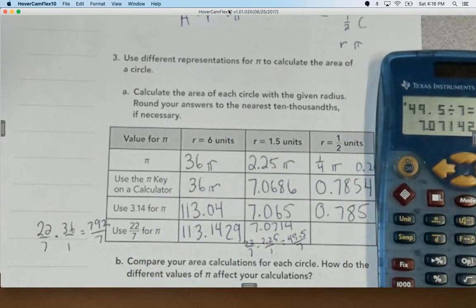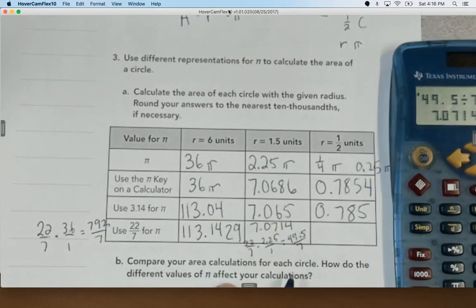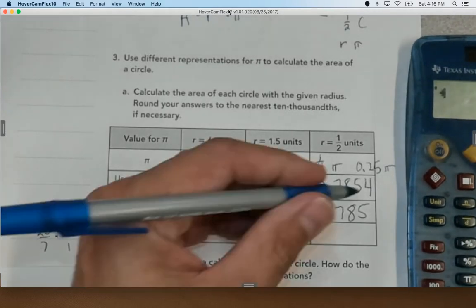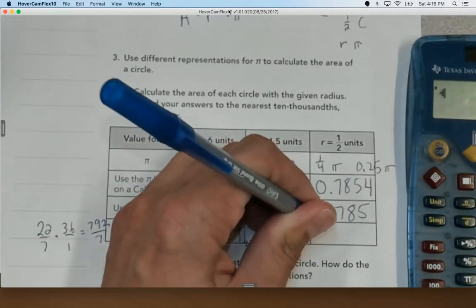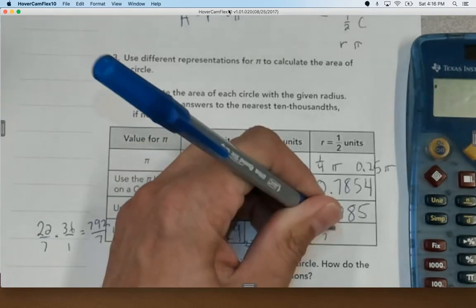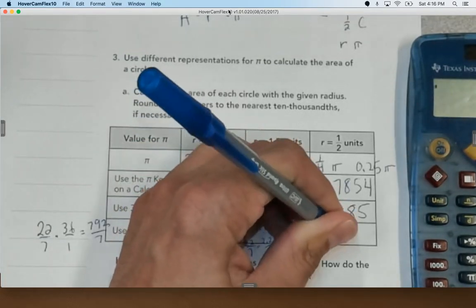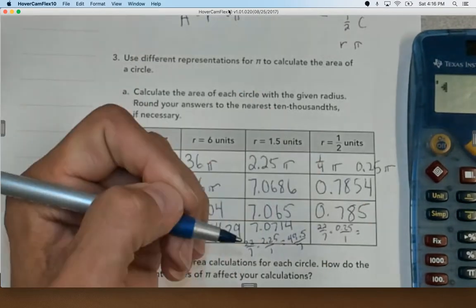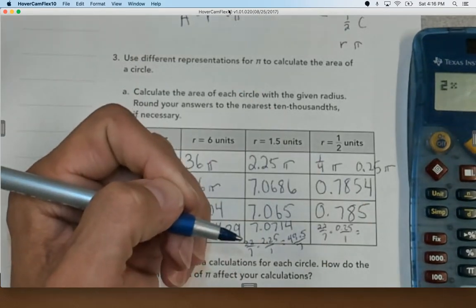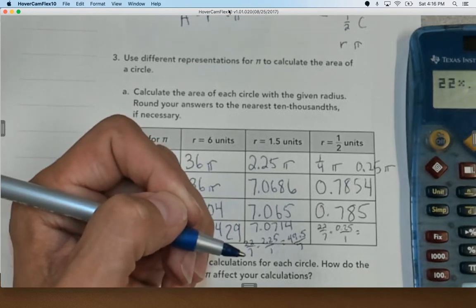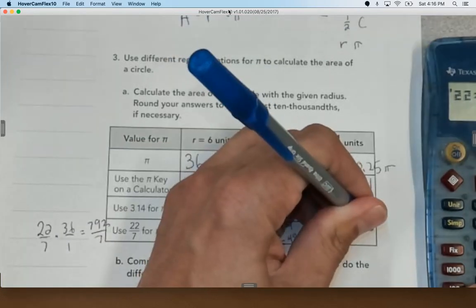So this is a little bigger than this one. Next, I would take 22 over 7 times 0.25 over 1, which is 5.5 over 7.